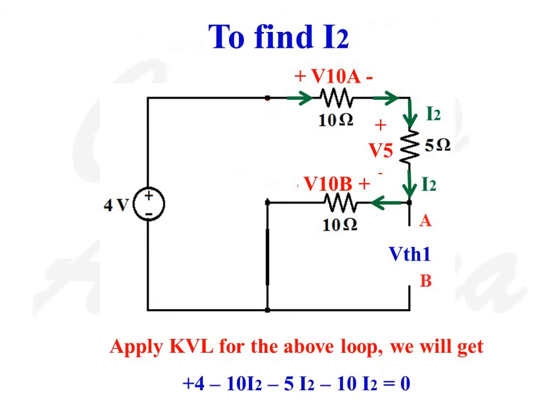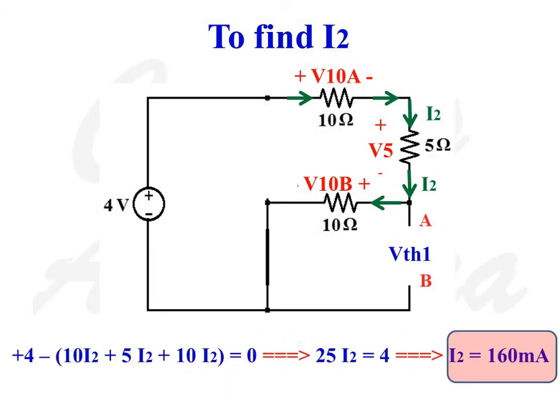To find I2, apply KVL in the loop which consists of 4 volt source, 10 ohms resistance, 5 ohms resistance and another 10 ohms resistance. Applying KVL for the loop, we get plus 4 minus 10I2 minus 5I2 minus 10I2 is equal to 0. 4 minus 25I2 is equal to 0, or 25I2 is equal to 4, so I2 is equal to 160 milliampere.